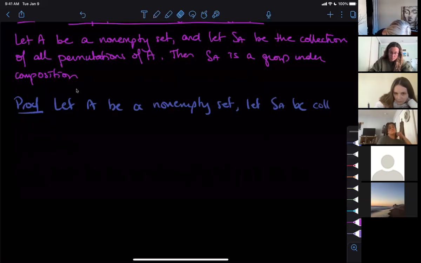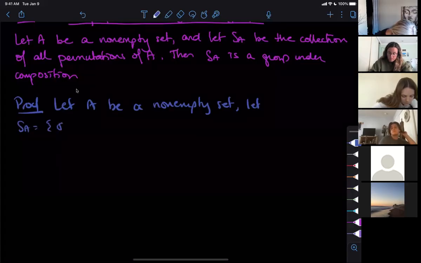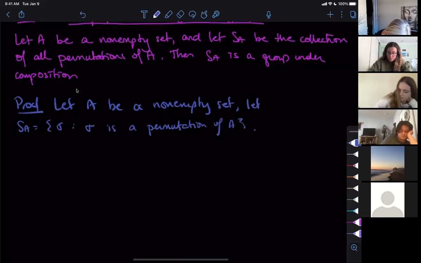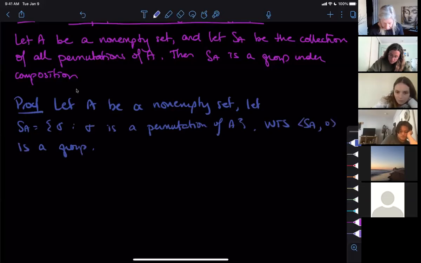Let me write it this way: it's all the sigmas such that sigma is a permutation of A. We want to show S_A with function composition is a group.